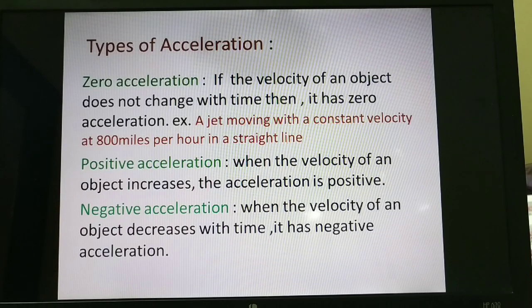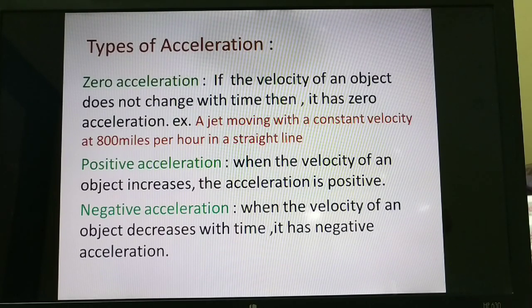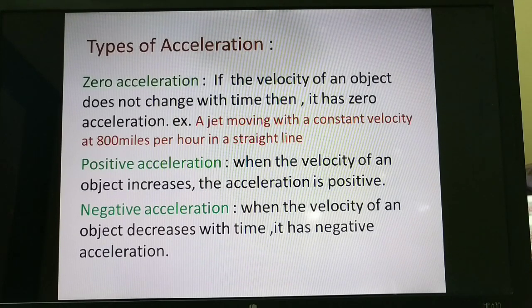First, zero acceleration. If the velocity of an object does not change with time, and remains continuously the same, so there is no disturbance in between while the object is traveling, that acceleration we say is zero acceleration, because final and initial velocity will cancel each other.